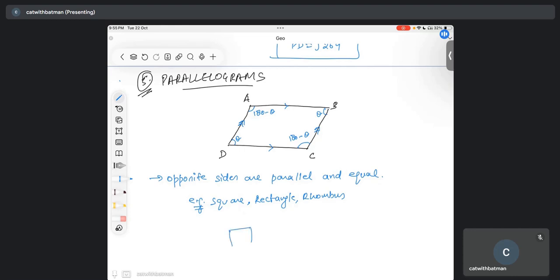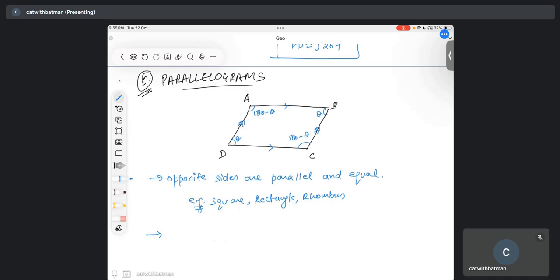So look, if you have a square, all the sides are equal. Doesn't matter. In a parallelogram, you just need opposite sides equal, so that is fulfilled. Also, lines are parallel, so that is also fulfilled. So this is one property.